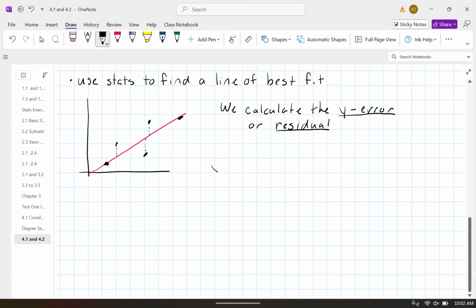So y hat equals predicted y. We're going to take our predicted values minus our actual values and do stuff to it. That's kind of how we think about it.